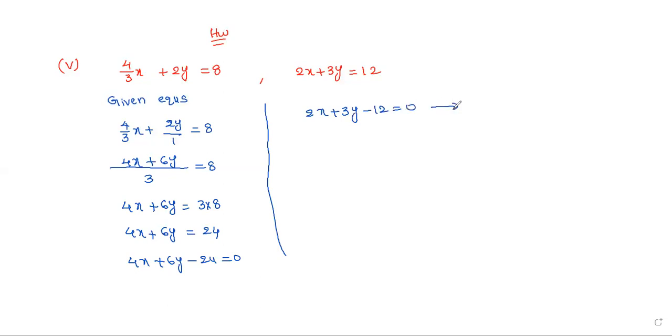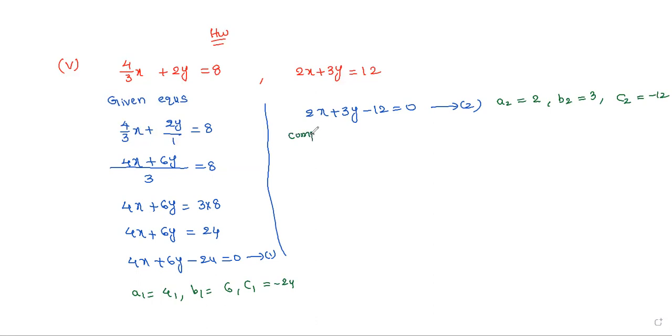So comparing ratios. Here A1 is equal to 4, B1 equal to 6, C1 equal to minus 24. A2 equal to 2, B2 equal to 3, C2 equal to minus 12.